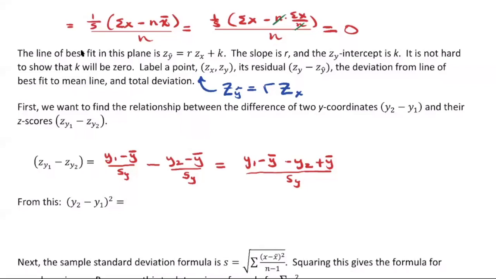And the y bars cancel. So you just get y1 minus y2 over the standard deviation of y. Okay.